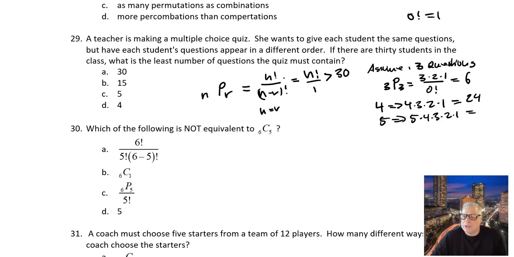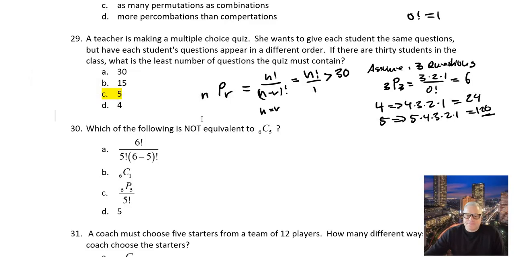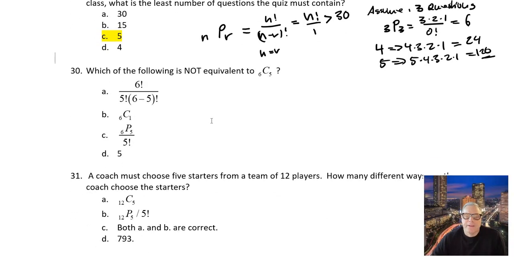So that would be 120. So the answer is 5. If she has 5 questions, she can make 120 different exams where the questions are differently ordered. And again, the trick here is to realize, oh yeah, the number of questions that I have, I select all of them and then I shuffle them through.